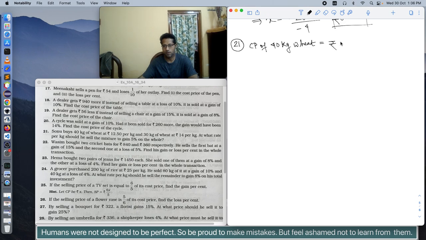So we must have 12.50 multiplied by 40. This is the cost of 40 kg of wheat at a price of rupees 12.50 per kg. Similarly, cost price of 30 kg wheat at a rate of rupees 14 per kg will be rupees 14 multiplied by 30.